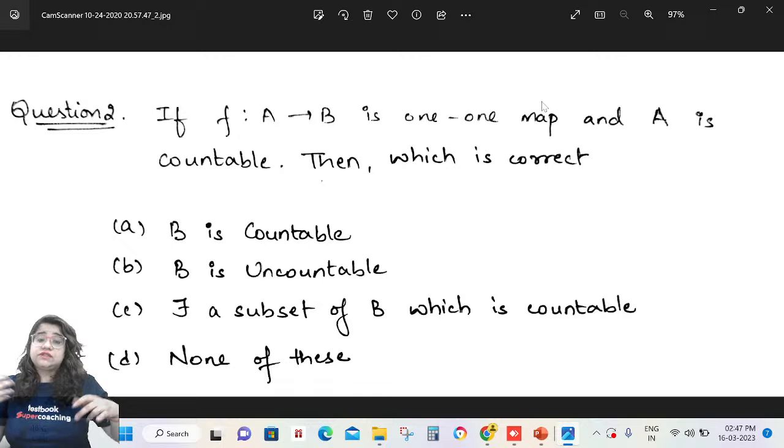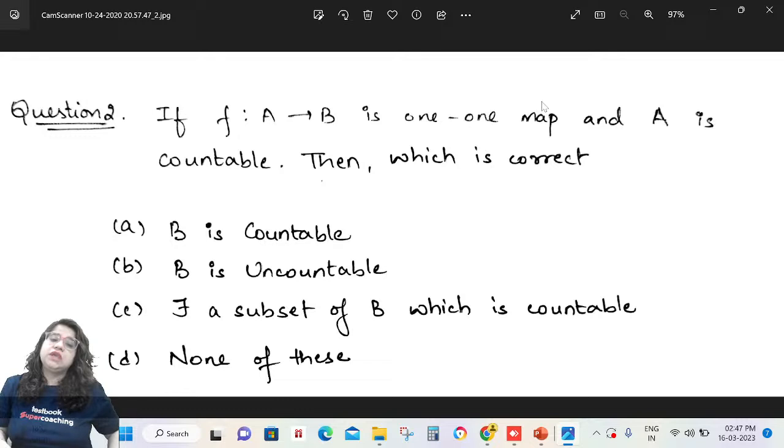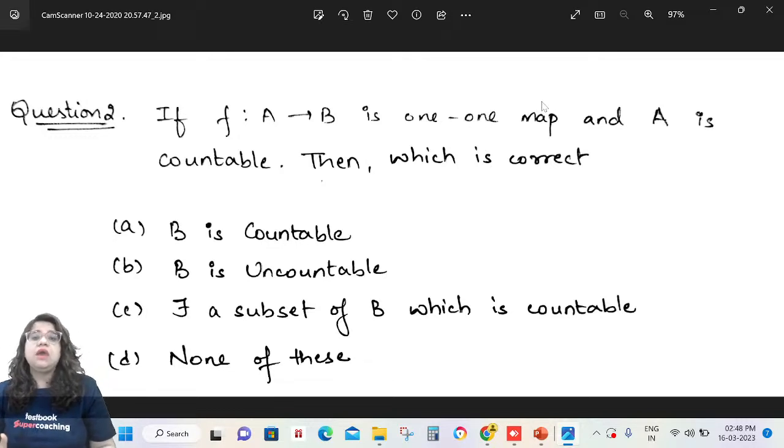If it's onto, that means if it's bijective, then I can talk about the countability of B, whereas uncountability doesn't come into the picture. The only possible option is when you find a subset of B which comes out to be countable, because if A is countable, then the elements can be mapped into B. And since A to B is 1-1, those images are going to exist in B. So the subset of B which I'm going to create, f(A), the images of A in B, is definitely going to be a countable set. Is it clear with everyone?